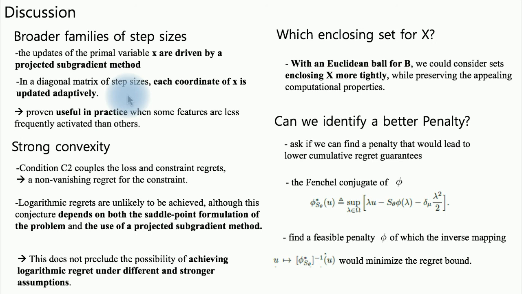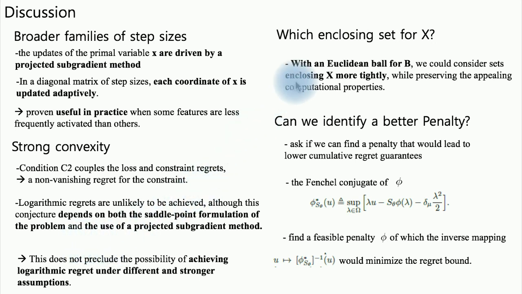We conclude by discussing several generalizations. First, with a diagonal matrix of step sizes, each coordinate of x is updated adaptively, which has proven useful in practice in several experiments. Second, with strong convexity of the loss and constraint function, we achieve logarithmic regret under different and stronger assumptions.